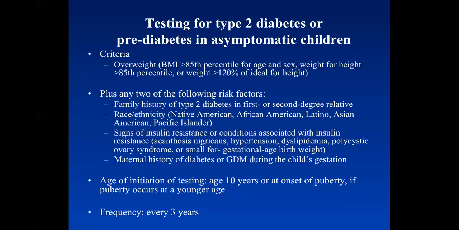Okay, so this is the sort of given criteria to test for diabetes or pre-diabetes in children. It's more or less the same. I'm not going to go through them one by one, so slowly read that.